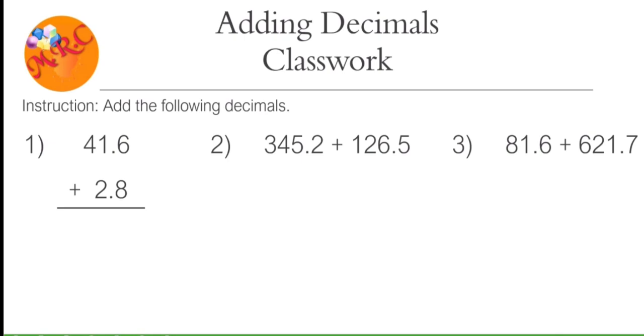All right, so I'm going to go ahead and write in the answer for this part. So the first one here is 44.4. Oh, there's no alignment there. Let me just do that properly.